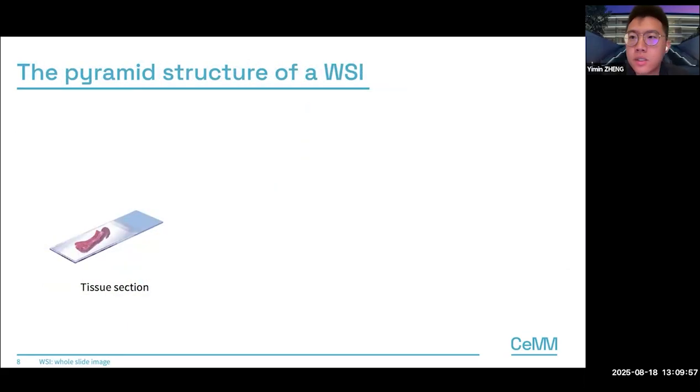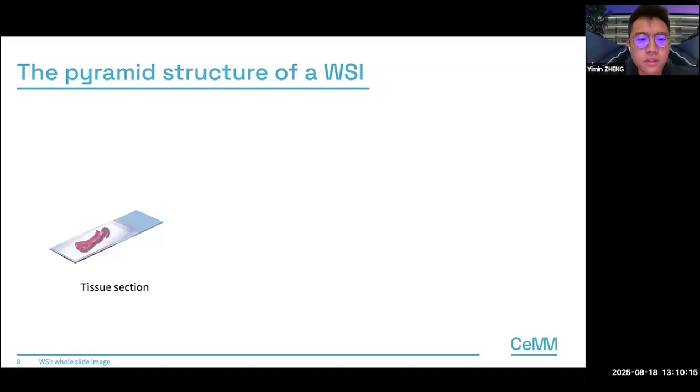But before I go into details about what we can do, let's first take a look at what exactly histology images are, how they exist in our computers, and how we store them.